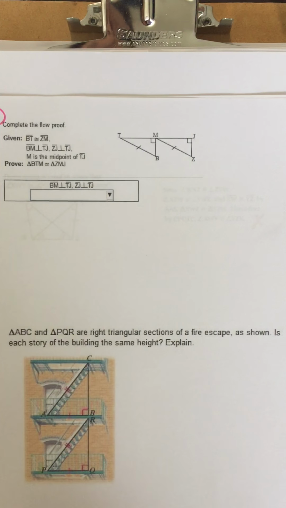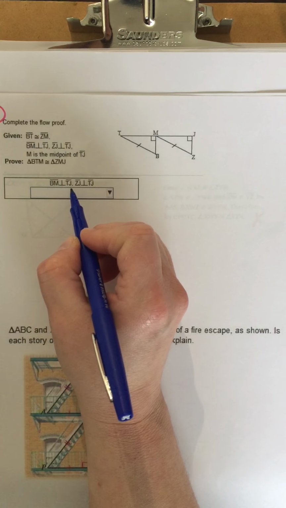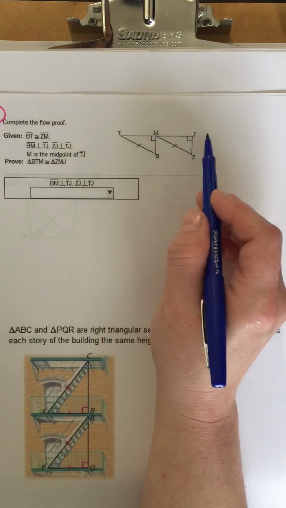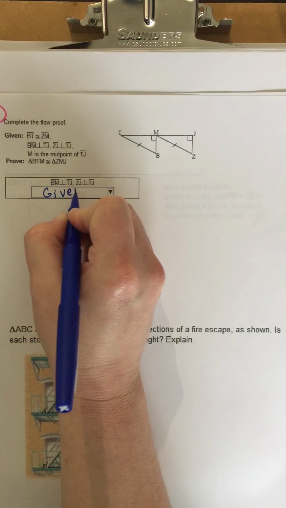All right, so they want us to do a proof. They say a flow proof, so super great. All right, so BM is perpendicular to TJ, and ZJ is perpendicular to TJ. And we know that because it is given.